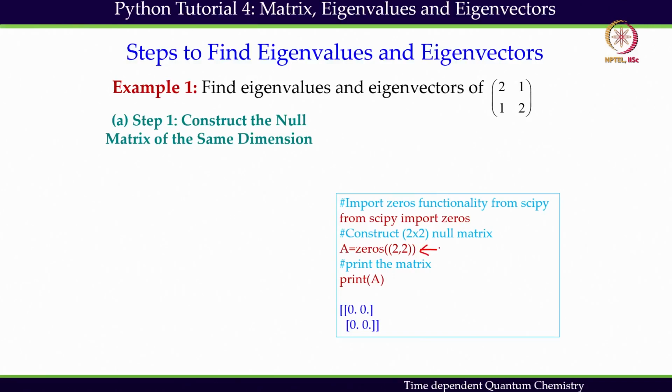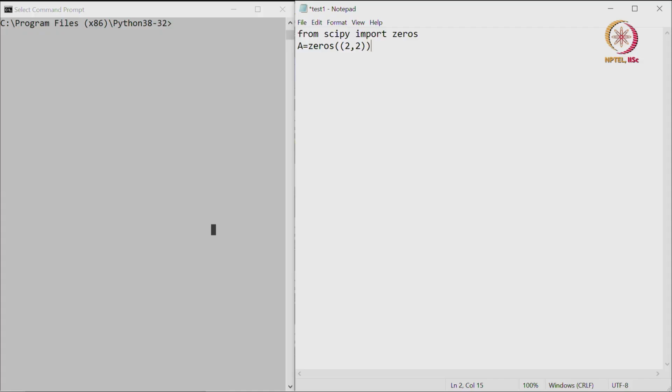So a 2 by 2 null matrix means that these zeros will give me 0 0 0 0. That's exactly what it's going to create. So we'll prove that. I will go back to the laptop, and I will now print this A. So I have created a null matrix, and I'll write down some instructions here which will be helpful.